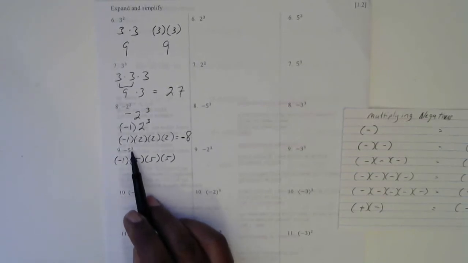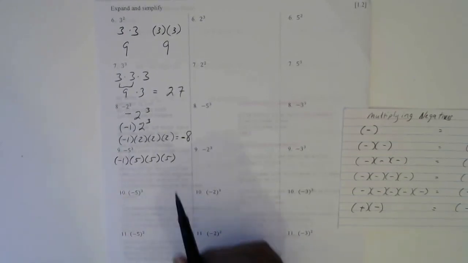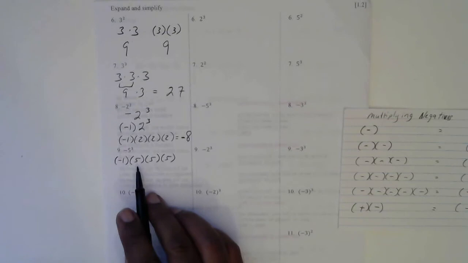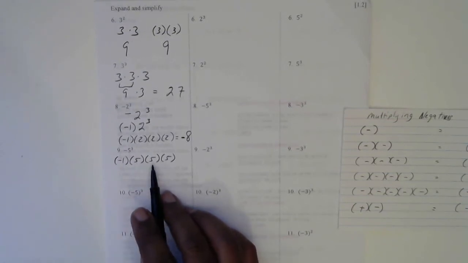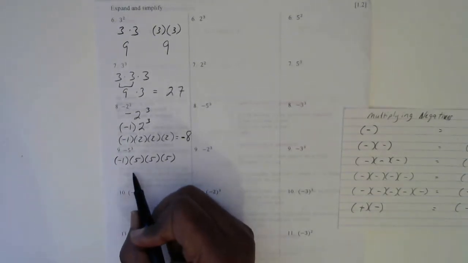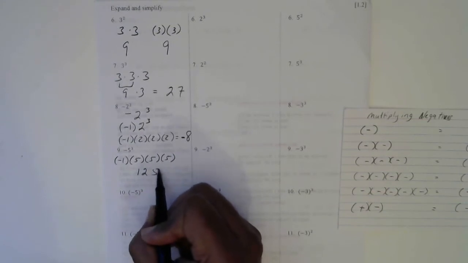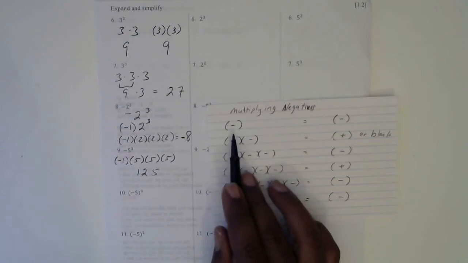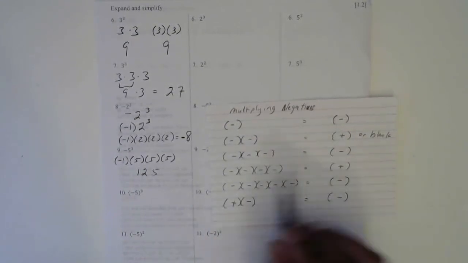And then use the power just on this number right here. And so what we have now is 1 times 5 is 5. 5 times 5 is 25, and 25 times 5 is 125. So this becomes 125, and we're multiplying by one negative. So if you multiply by one negative in a problem, the answer is going to be negative.